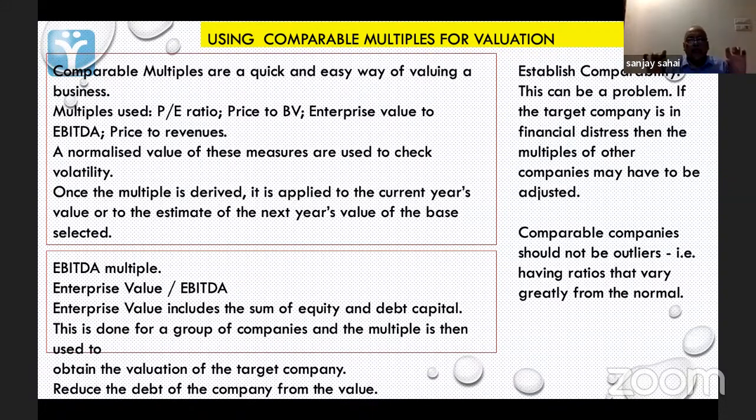So basically, when I talk about EBITDA, I am talking about the earning without taking into consideration the amount I paid as interest, the amount I paid as taxes, the amount I charged as depreciation, and the amount I charged as amortization.